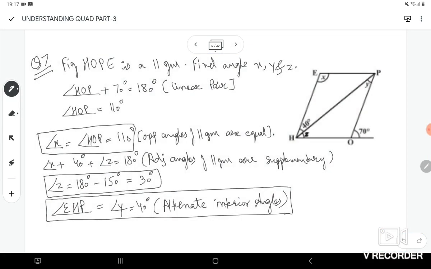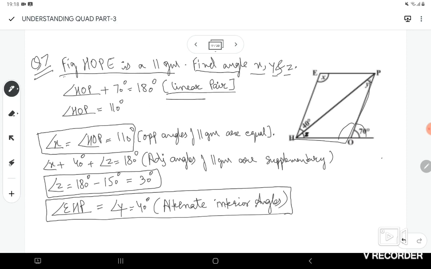Moving on to the next question. It says in the figure HOPE is a parallelogram. Find angles x, y and z. So HOPE is a parallelogram. So angle HOP plus 70 degree would be equal to 180 degree.